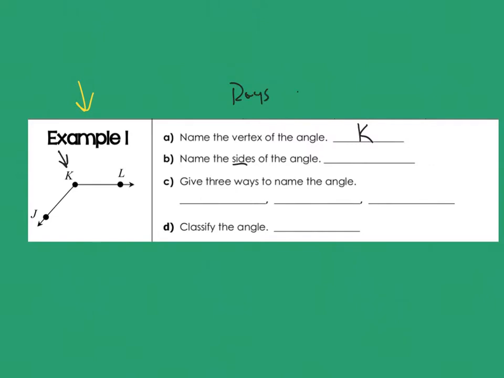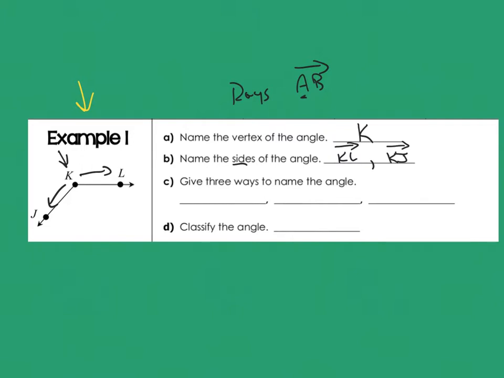And we always name rays with the starting point as the first letter, and then the direction it's going with a little mini ray over the top. So we start at K and go towards J. We start at K and go towards L. So that's going to be ray KL and ray KJ. And then don't forget a little ray over the top. Those are the names of the sides.